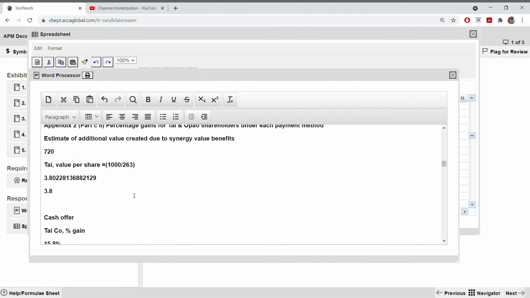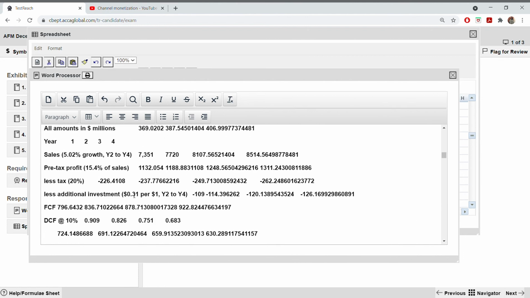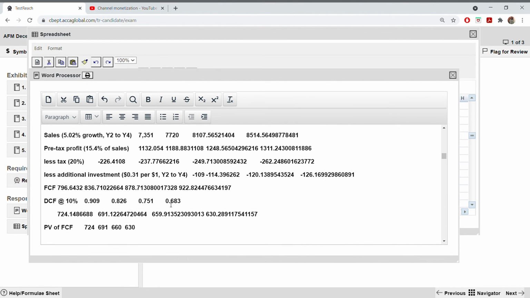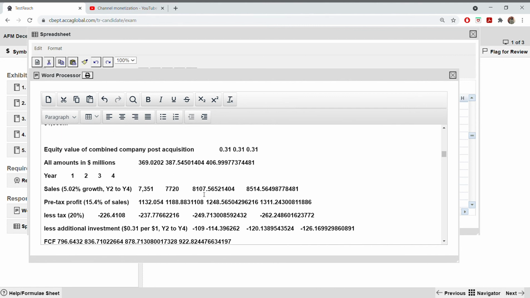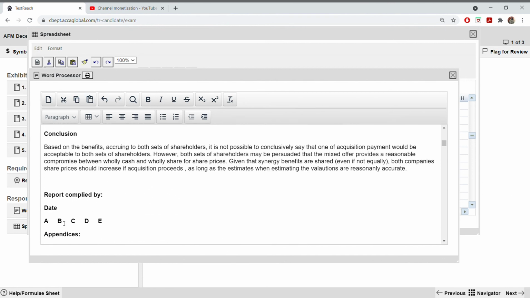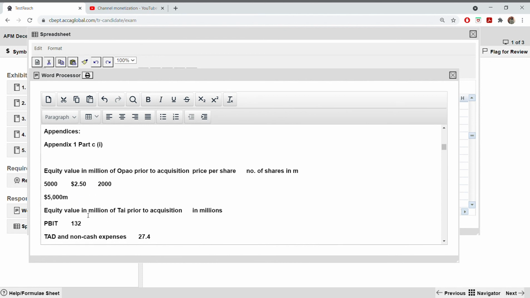Just see, it came like this, right? It comes without a table. That's why it's very important that you first insert a table over here and then copy paste. If it comes like this, first you can insert a table and then copy paste over here. Even this, it comes as it is, so you can do some additions over here.